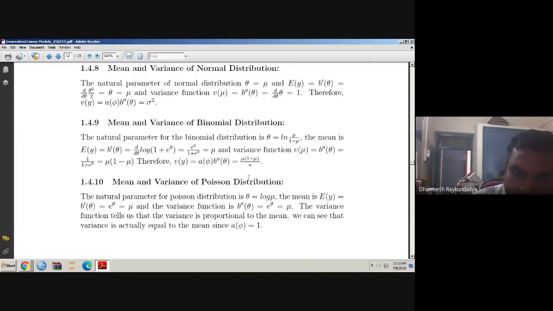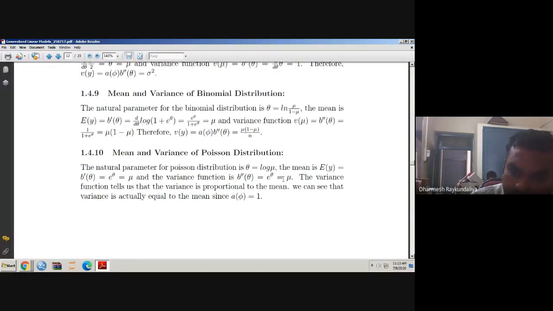Are you getting this here? Similarly in a Poisson distribution, mean and variance are the same. So again, we can say that if we know the form of the mean, we can easily obtain the variance of the given distribution. So it is a second order property of generalized linear models. It can work for any distribution where variance is a function of mean.